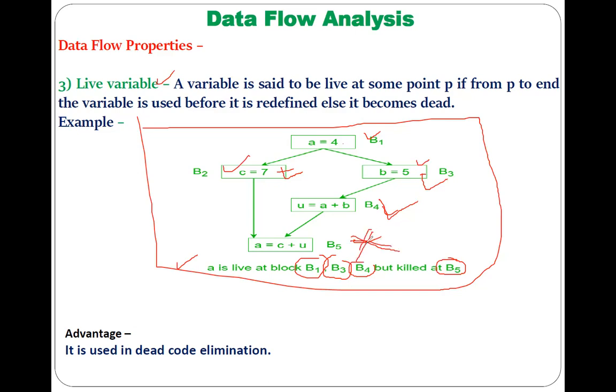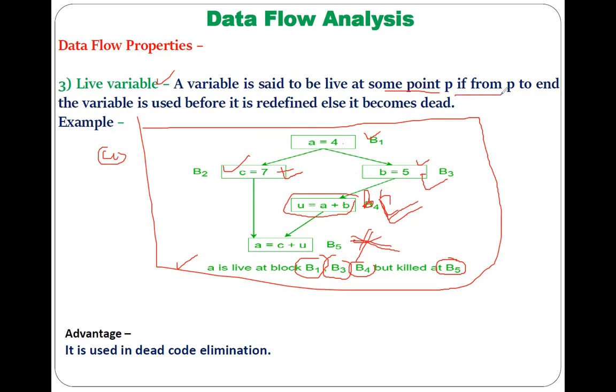Now why can we say it is live at B4? Let's apply the definition of live variable to this example. Our variable is A, live at some point P, here B4.